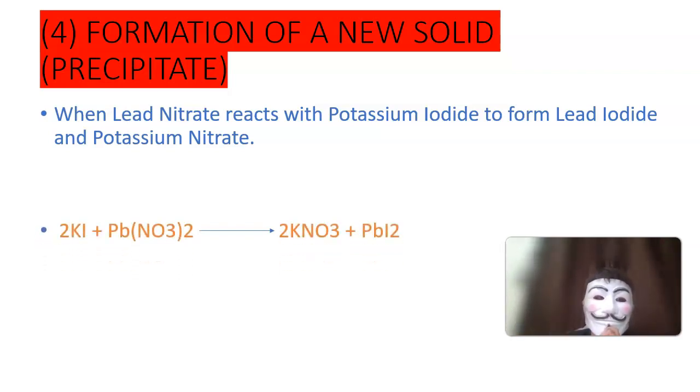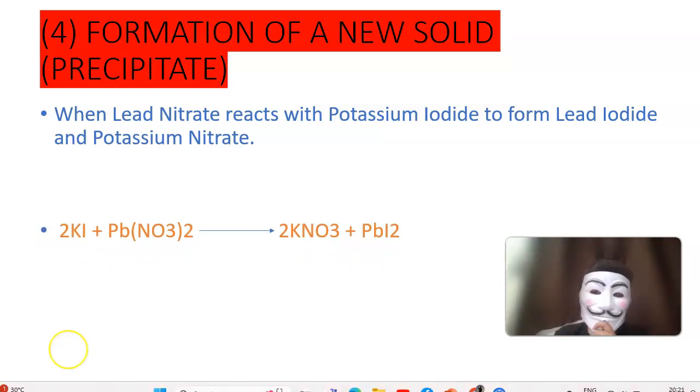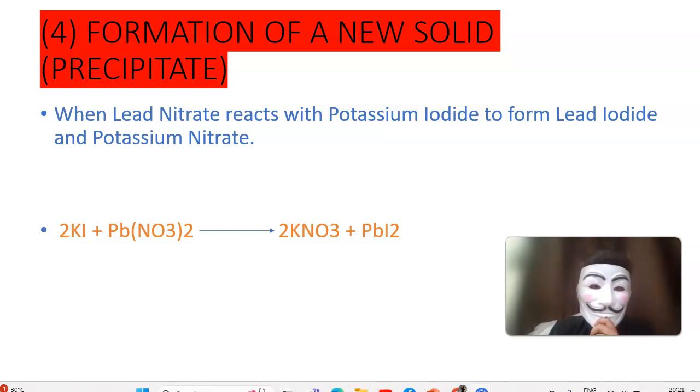So as we saw, it is 2KI plus Pb(NO3)2, which forms lead iodide and potassium nitrate. So this is lead nitrate which reacts with potassium iodide to form lead iodide and potassium nitrate, a new substance. So here the reactants are lead nitrate and potassium iodide, and the products are lead iodide and potassium nitrate.